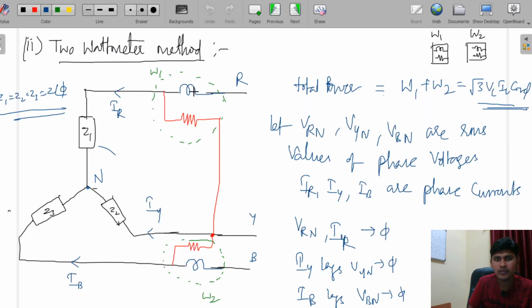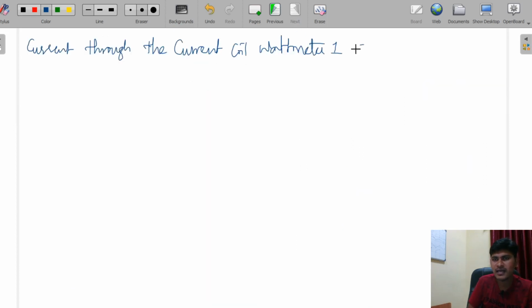The current coil of wattmeter 1 reads IR, as IR is the current flowing through this. This potential coil of wattmeter 1 measures the voltage between these two points. So the current through the current coil of wattmeter 1 is IR.